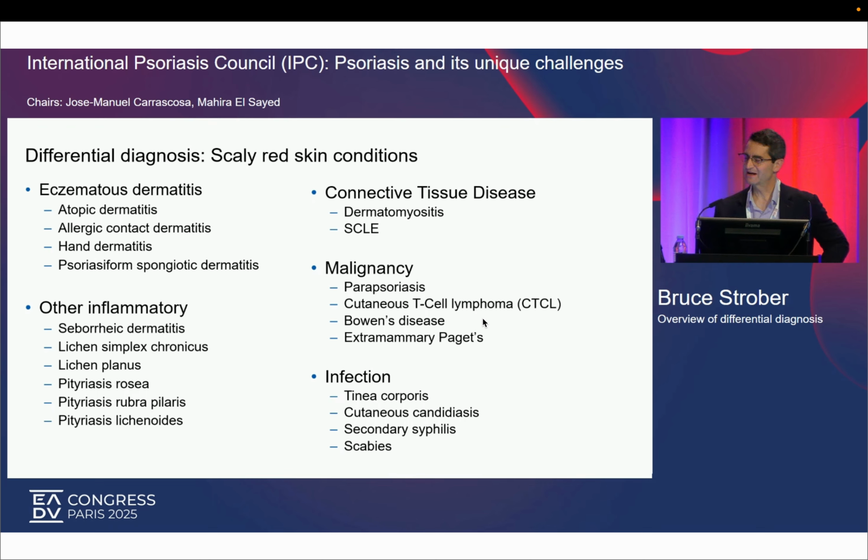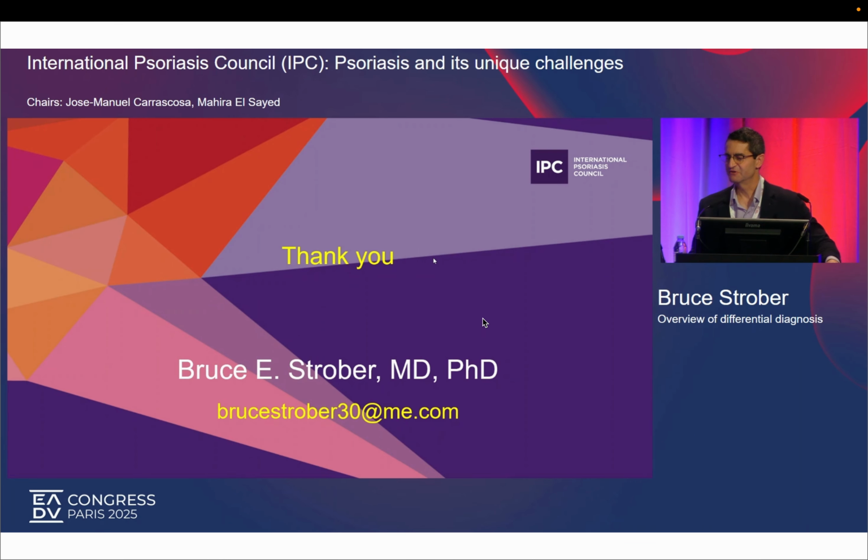But with this list, you kind of got the gist of it, and you'll get psoriasis right 95% of the time. But those 5% cases matter, and if you see enough patients over your career, you'll make mistakes unless you take that particular approach. So I hope this was a good introduction to the symposium, and we can now move forward with our next presentation.